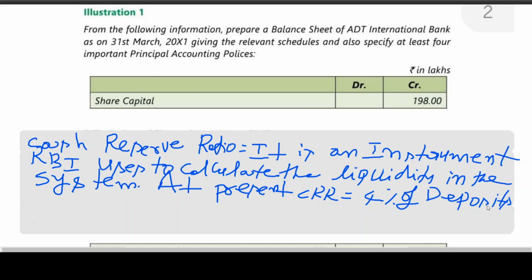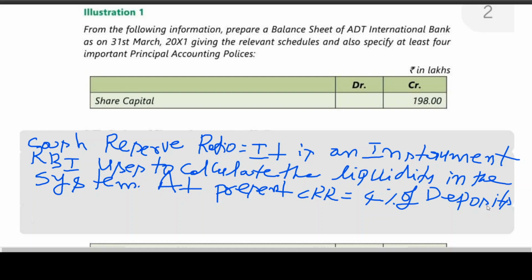Then RBI says that the ratio is permissible between 3 and 15%. In simple words, the higher the CRR, the lower the amount of money banks can lend out or invest.